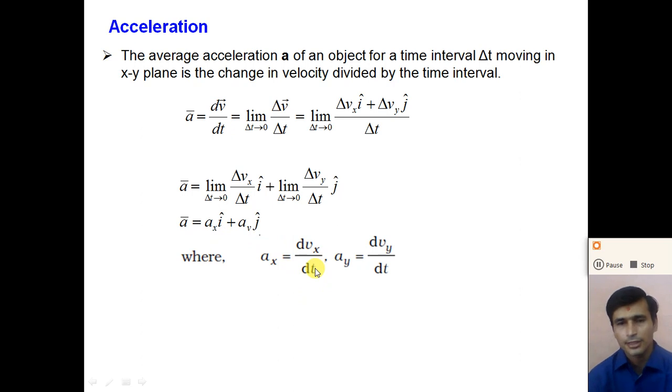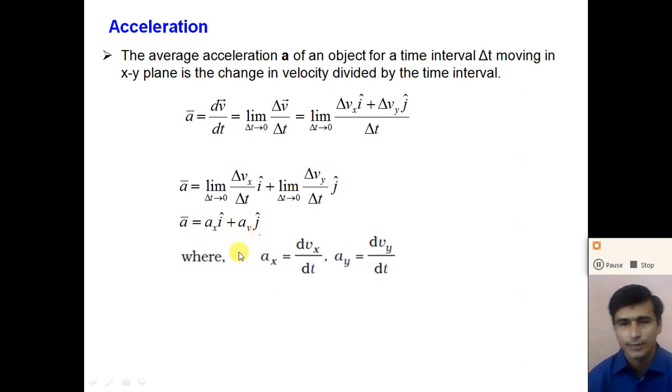Now if we differentiate the x component of the velocity with respect to time, we get the x component of the acceleration. Similarly, if we differentiate the y component of the velocity with respect to time, we get the y component of the acceleration. So we get the acceleration a is equal to ax i plus ay j. Now from that, how can we find the magnitude and the direction?